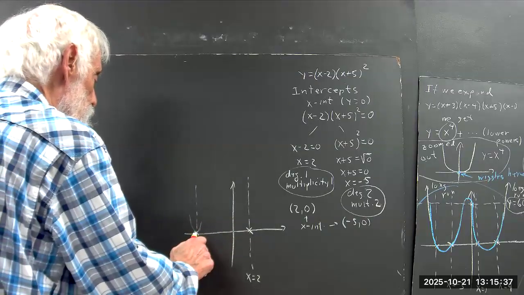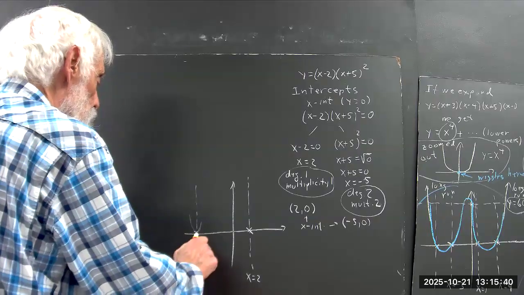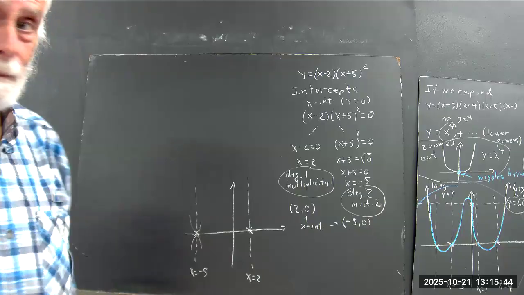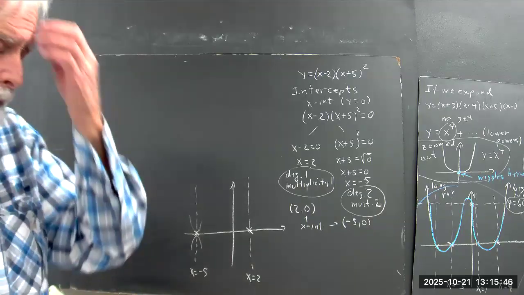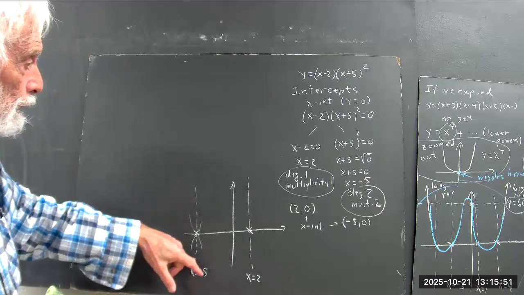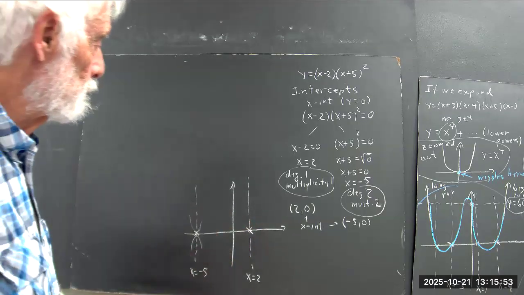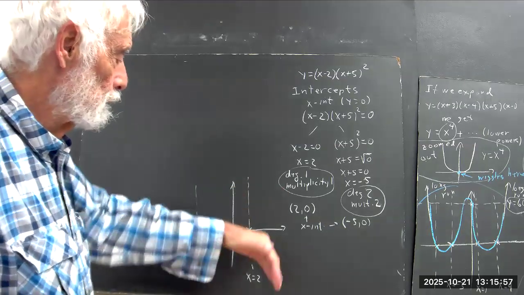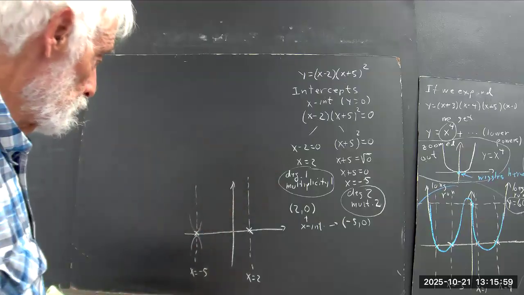Or maybe like this, because it's also vertically stretched and possibly reflected. So it's going to be this way or this way at x equals -5. At x equals 2, it's going to go straight through. So if I draw straight through lines, it'll look like a big X, and I'm not going to draw that.